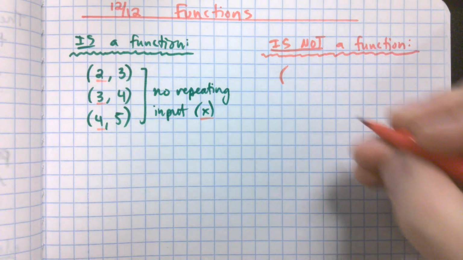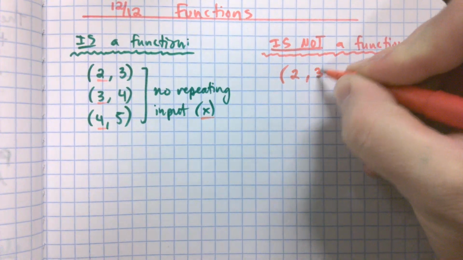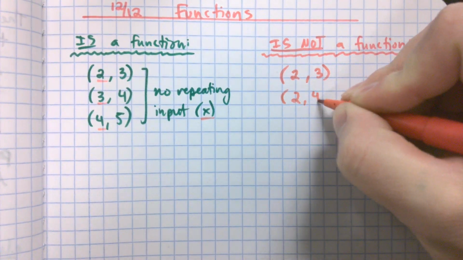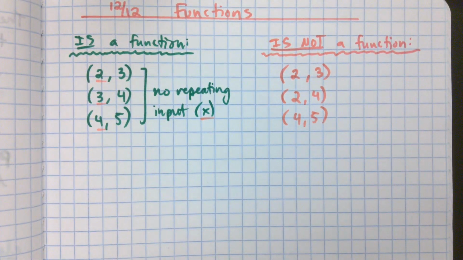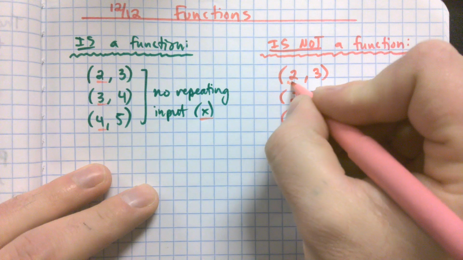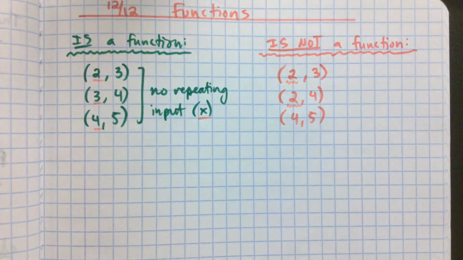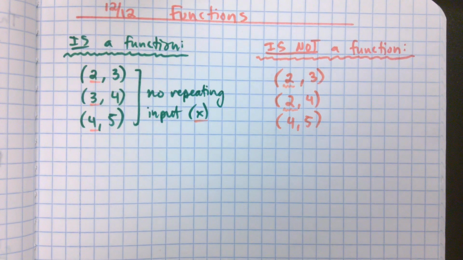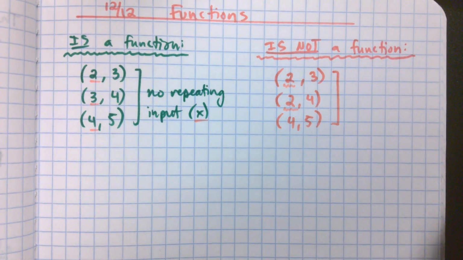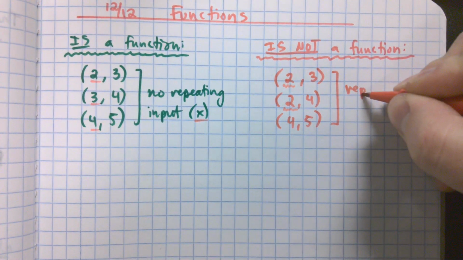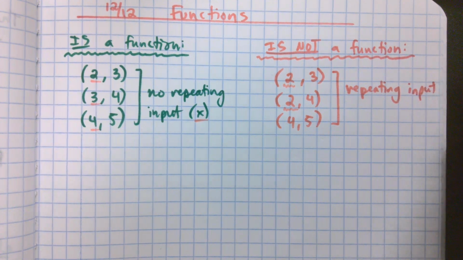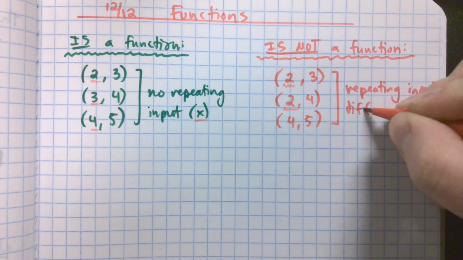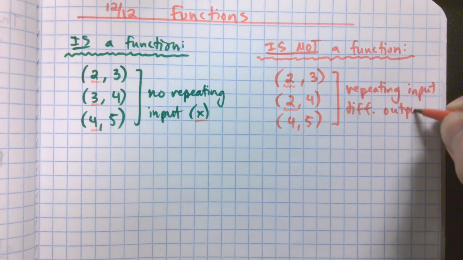Conversely, it is not a function if we have 2, 3, 2, 4, 4, 5, something like that. Because we do have those repeating inputs with different outputs, that would not be a function. So this has a repeating input, different output.